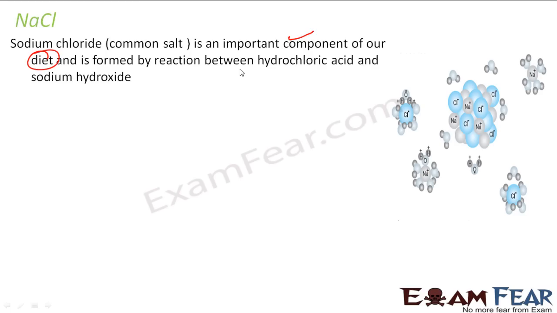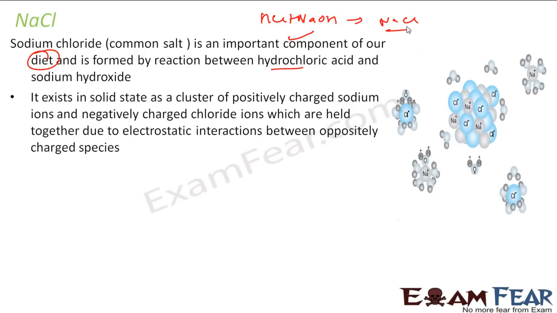It is formed by the reaction between HCl and NaOH, giving NaCl. It exists in the solid state, with positively charged sodium and negatively charged chloride ions held together by electrostatic attraction and also by the lattice enthalpy.